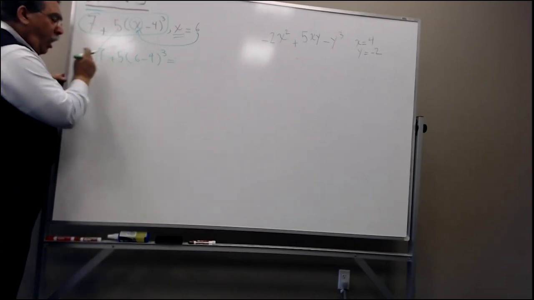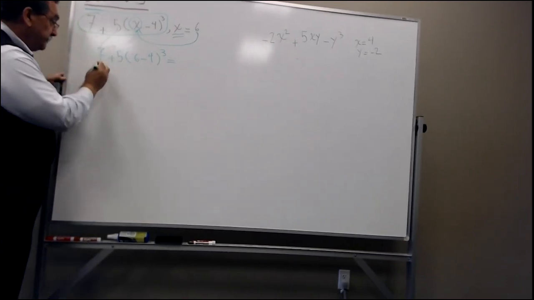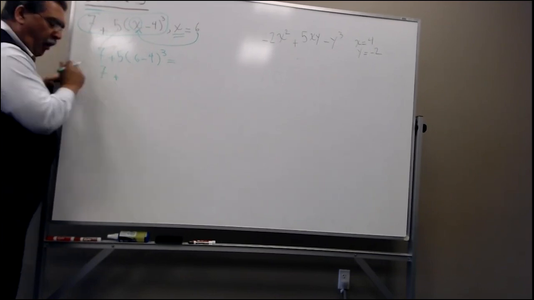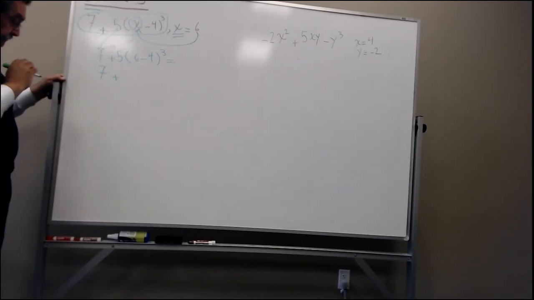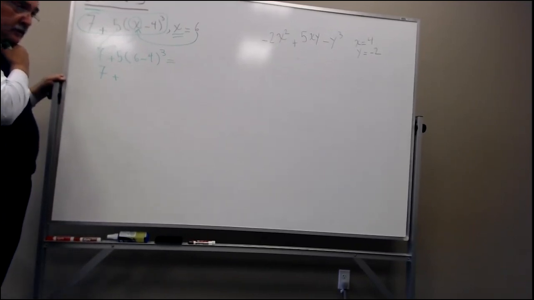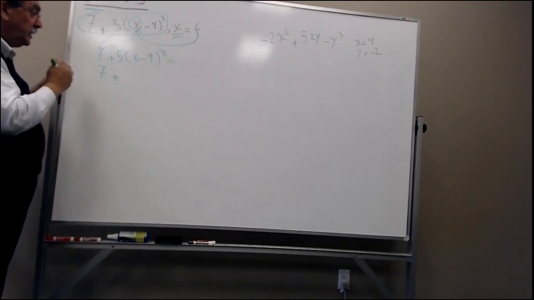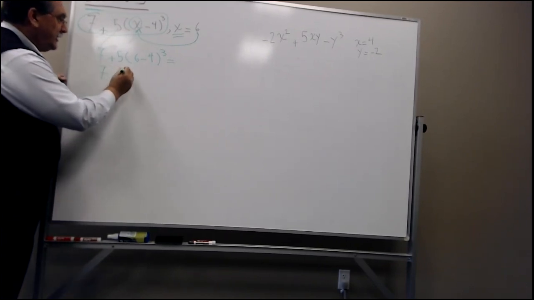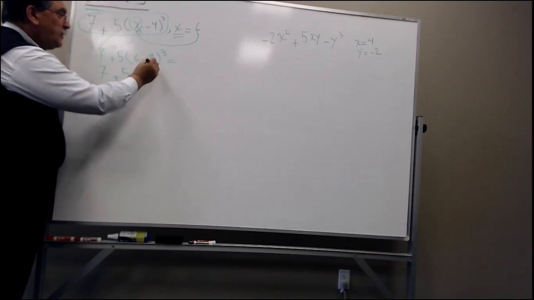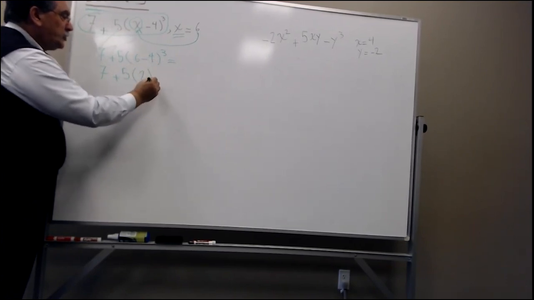Which is the same as 7 plus 5. Now, inside the parentheses, 6 minus 4 is 2, to the power of 3.